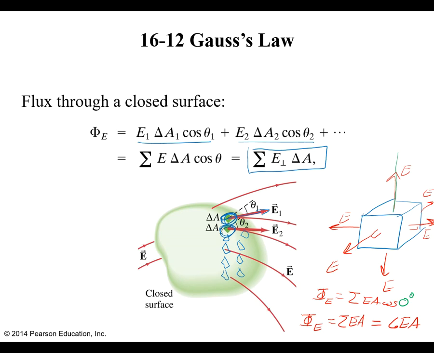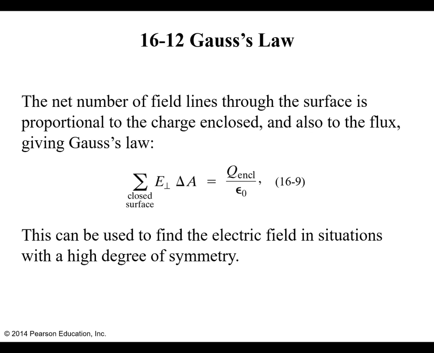With that in mind, we're ready to talk about Gauss's law. Gauss's law tells us that the net number of field lines that passes through a surface is proportional to the charge that's enclosed, and thus also proportional to the flux. In fact, here, this is our electric flux.